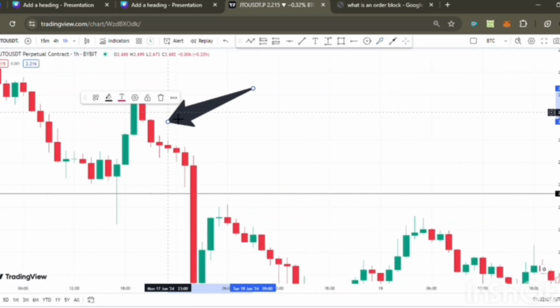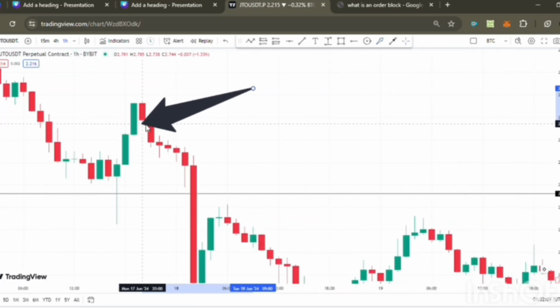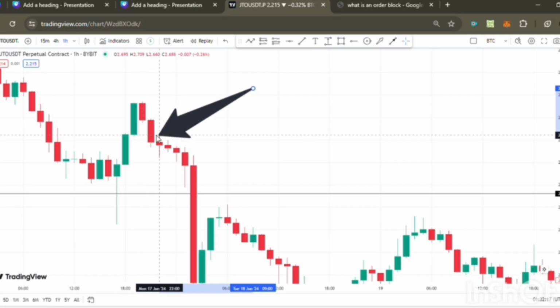There is a gap between this candlestick. This red candlestick, the lower wick of the first candlestick and the higher wick of the third candlestick do not completely cover the middle, this large red candlestick.